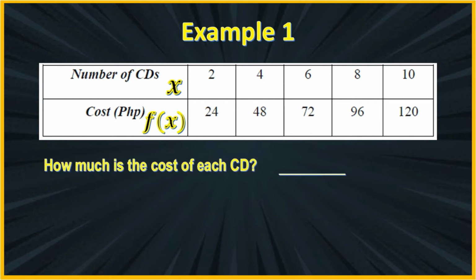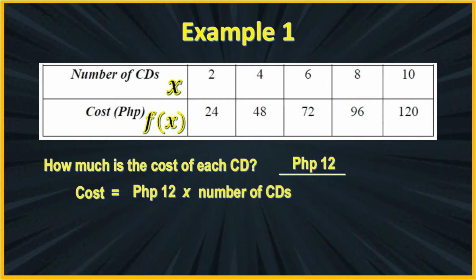Now, how much is the cost of each CD? The answer is, correct, 12 pesos. Now, cost is equal to 12 pesos times the number of CDs.